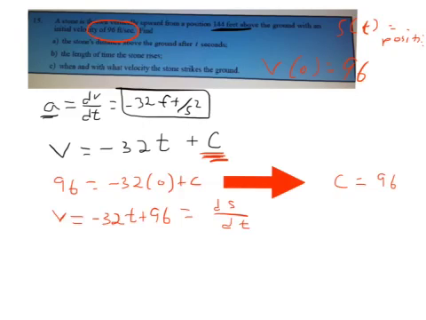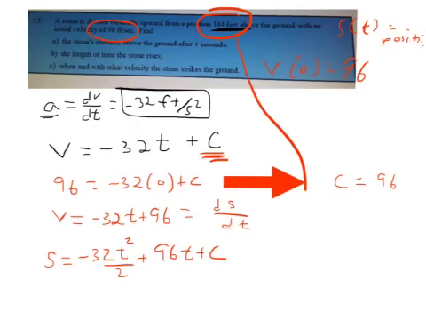So to get an equation for our position, we take the antiderivative. That would be negative 32t squared over 2 plus 96t plus c. And we know that my position was initially 144, so when time equals 0, the position is 144. So therefore we can quickly show that c is 144.